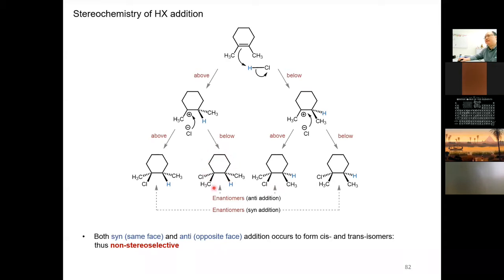But the second one with the first one and fourth one, they are diastereomers. So all four products will be generated, and there are two pairs of enantiomers. Both syn and anti addition occur to form cis and trans isomers. Thus, this reaction is not stereoselective.